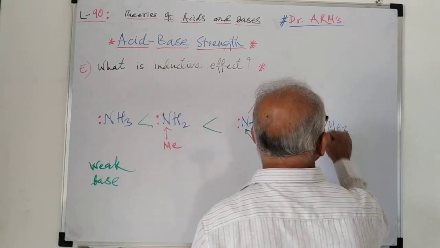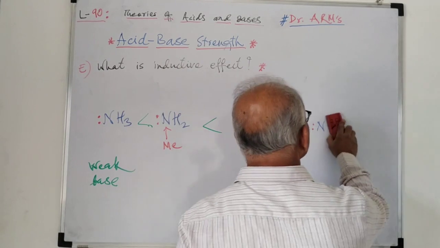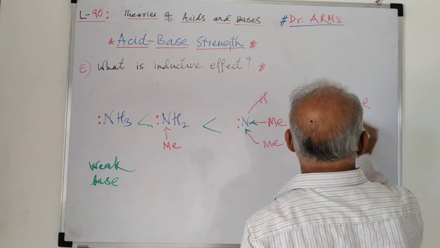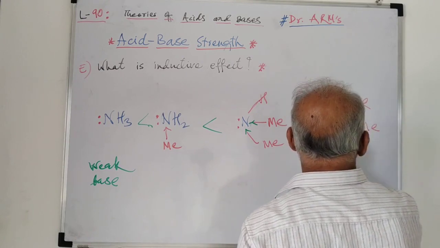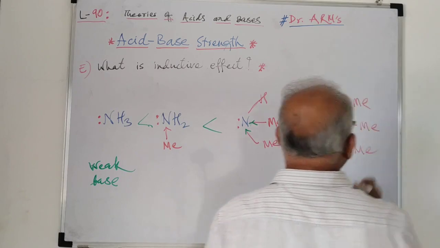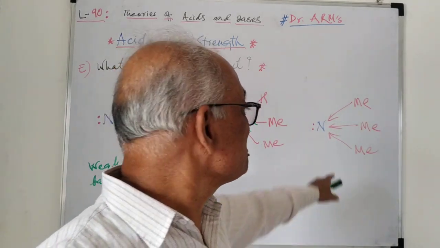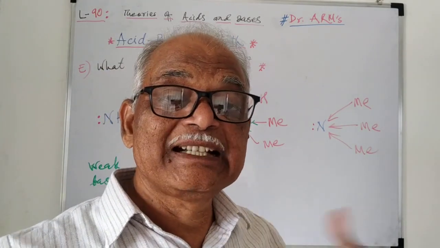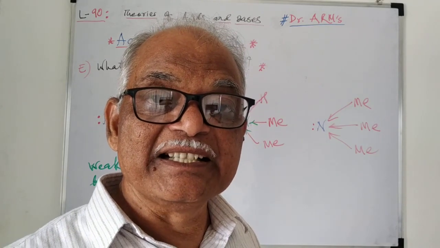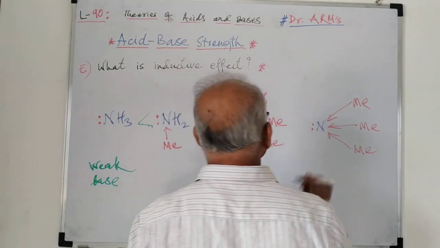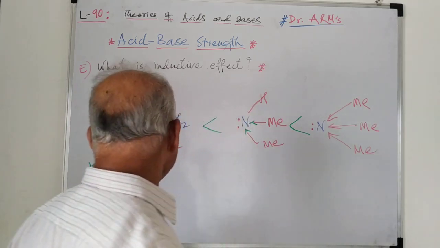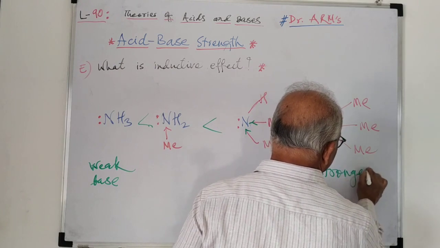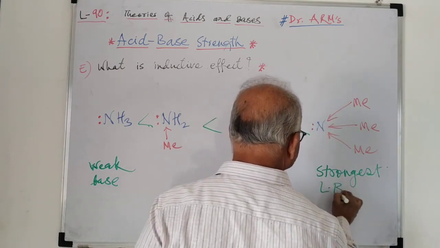And in this case, all these three are supplying electron density to nitrogen. So the availability of the electron pair for donation to a Lewis acid increases strongly, and the strength of the Lewis base increases. So this is the strongest Lewis base.